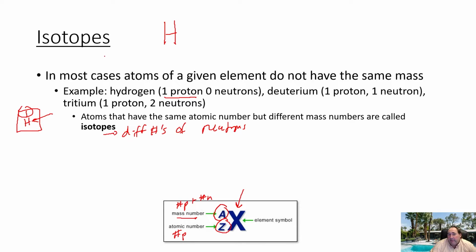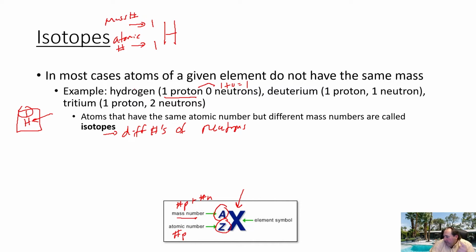The atomic number, which is the number of protons, goes bottom left. Remember that the mass number is protons plus neutrons, which in this case is 1 plus 0, which is 1, which means 1 up on top. So again, mass number and atomic number.